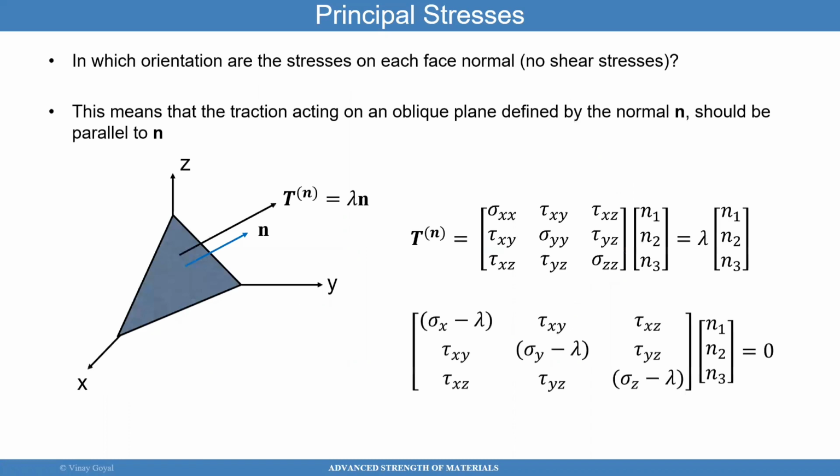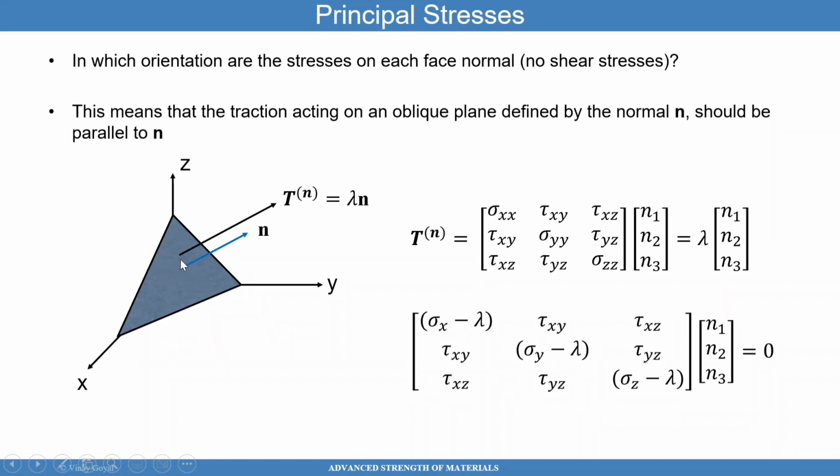And so what we're really asking was, in which orientation this oblique surface needs to be, such that the traction acting on the surface is purely normal to that surface. That's the question we're asking. So there's no shear stresses acting on this surface.